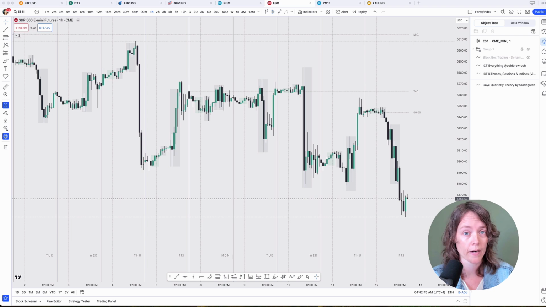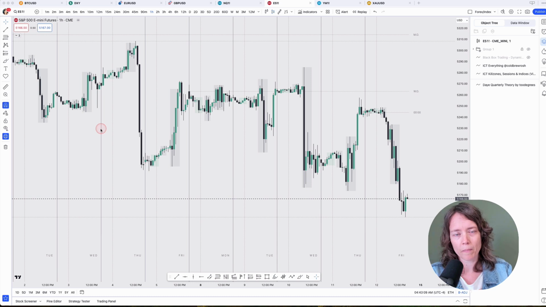And you always get wrecked by catching a knife or trying to short a big pump. But with ICT concepts, I actually noticed that it's possible to predict reversals, and it's possible to predict reversals like 90% of the time because of one major thing, the SMT divergence.